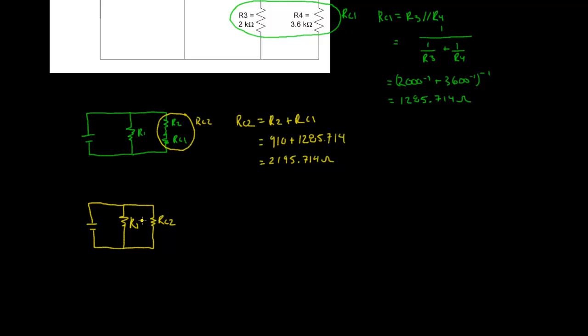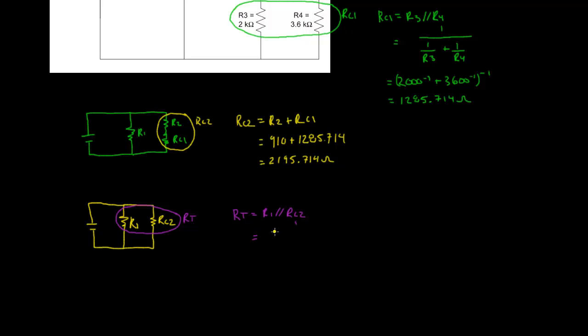So again, we can see R1 is in parallel with RC2. I'm going to circle these two resistors, and we're going to call this RT, or our total resistance. So RT is equal to R1 in parallel with RC2.